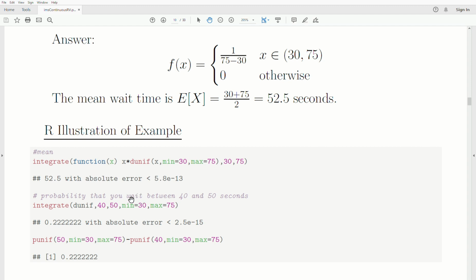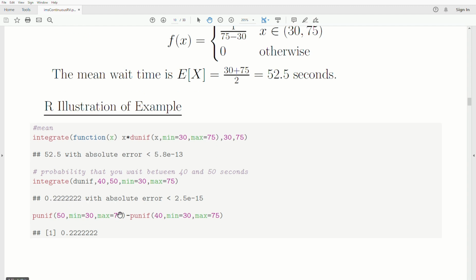Now, what's the probability that you wait between 40 and 50 seconds? So we integrate the uniform density from 40 to 50, right? Because we want to know the probability of being between 40 and 50. Now, this min and max are actually arguments to this density function. So we're integrating it from 40 to 50, and we get 0.22.